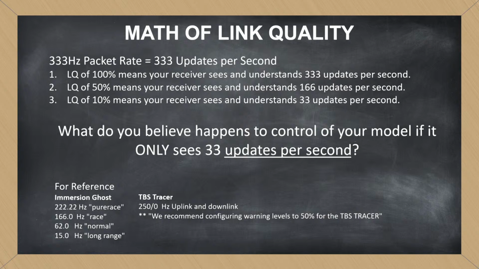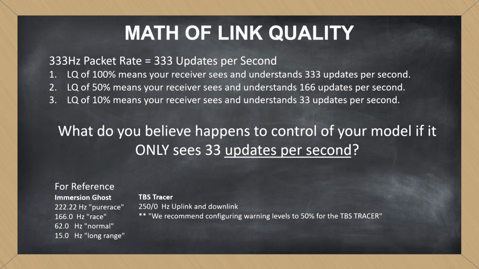So it doesn't matter. Sure, you might be dropping packets, and that may not be awesome. You may have some interference out there, but you're still sending more updates per second than the servo can actually process. A link quality of 10 means your receiver sees and understands 33 updates per second.